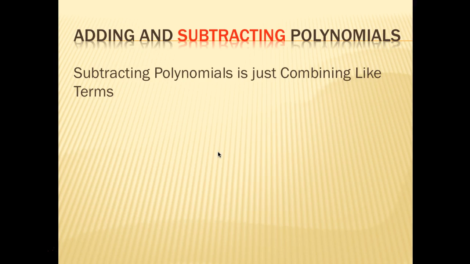To subtract polynomials is also just combining like terms. Similarly to the last problem, I have 7x squared, and over here I have 6x squared. But I am subtracting this polynomial from this polynomial.